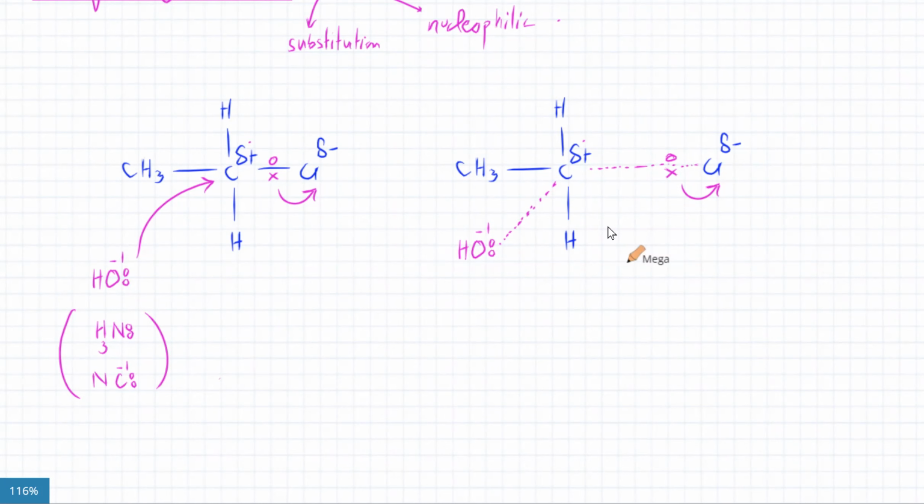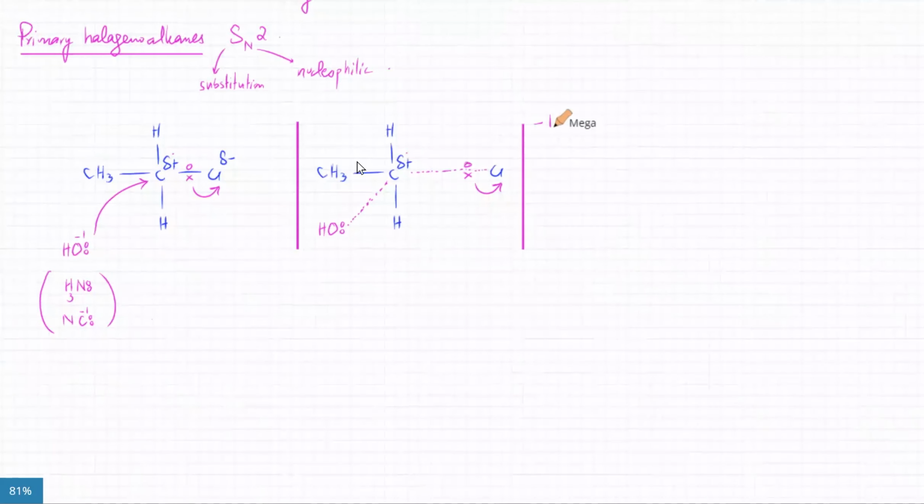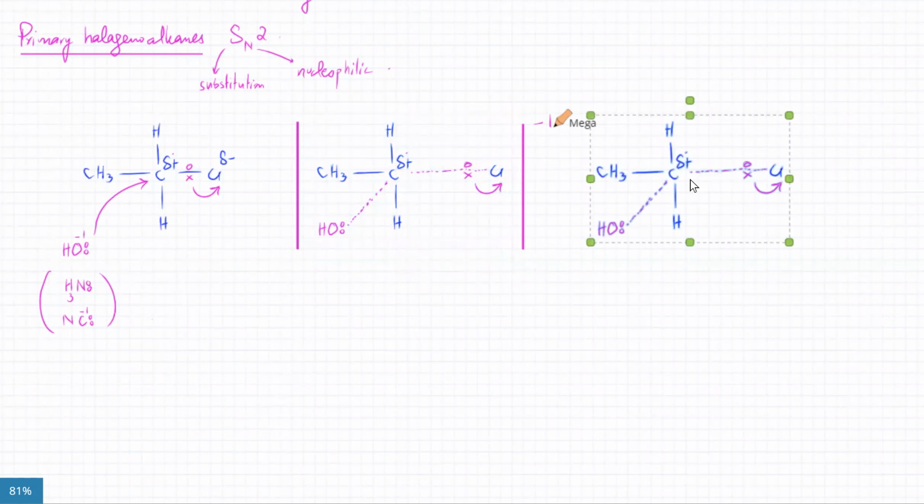So the next step is to remove the negative charge over here, so the overall charge on this thing is -1. And the final step is that the Cl leaves or gets knocked out because of repulsion.